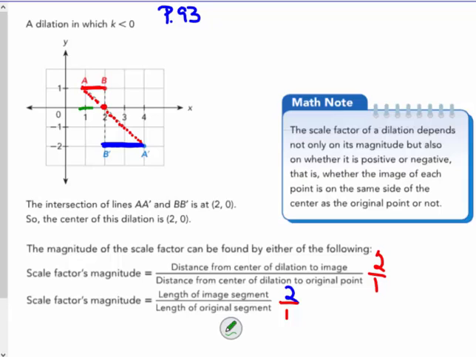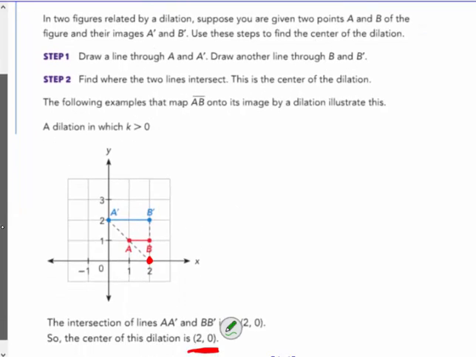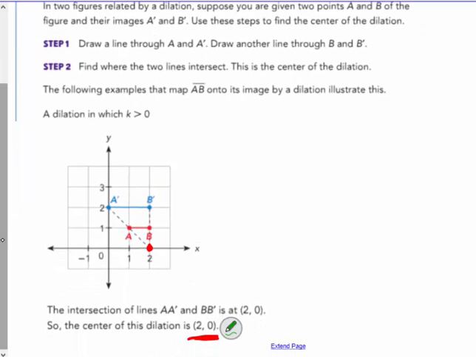Here's the center. So A is above, but A's image is below. B is above, but B's image is below, because I have a negative scale factor here. It's -2, by the way. On the example before this, here's the center of dilation.